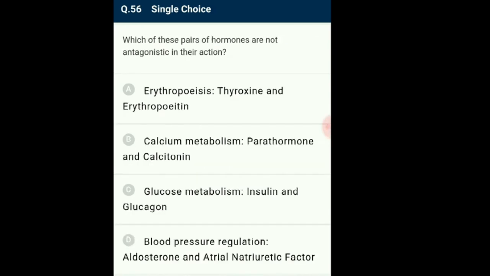56. Which of these pairs of hormones are not antagonistic in their action? Parathormone increases the calcium level in the blood, while calcitonin decreases the calcium level in blood, hence they are antagonistic.